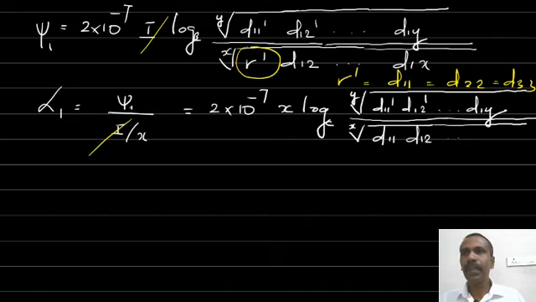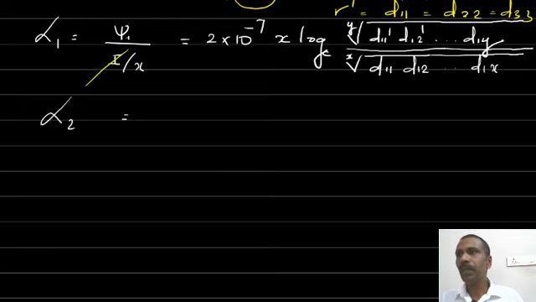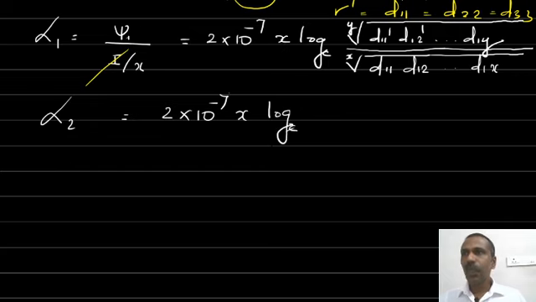Similarly, you can find out the inductance of the second strand. So this is equal to 2 into 10 raised to minus 7 into x into, what are the distances for the second strand? Instead of 1 you can write 2 when it comes to the second strand.